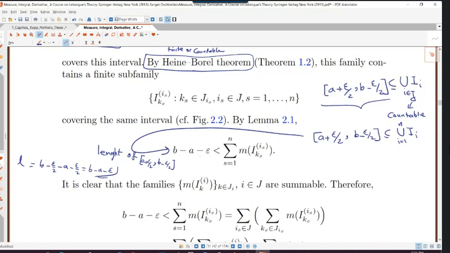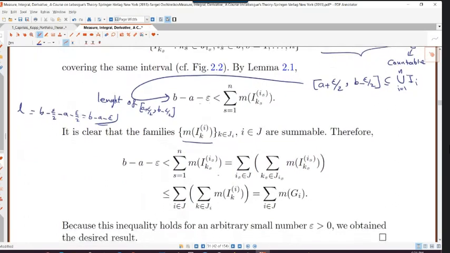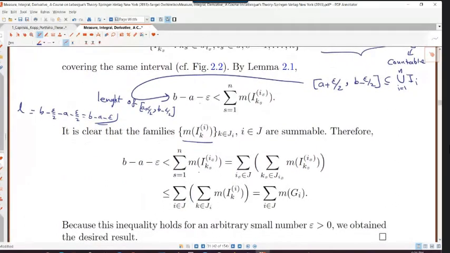It is clear that the families m of Ik to the I's are summable, and therefore, by the associativity property, we have this double sum, and we have this less than or equal to these sums because of monotonicity of the measure.